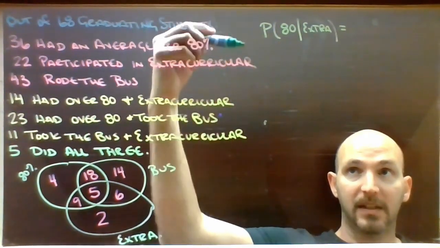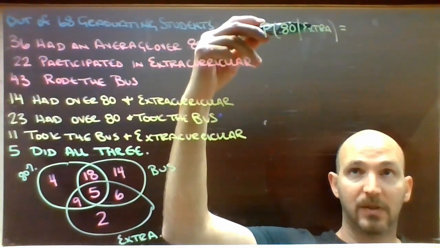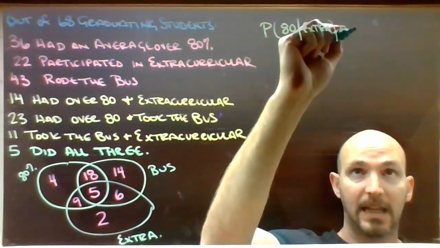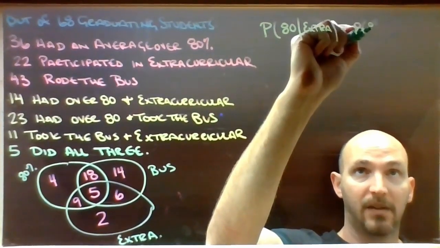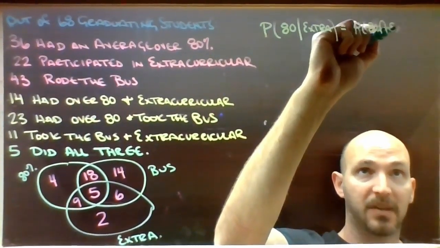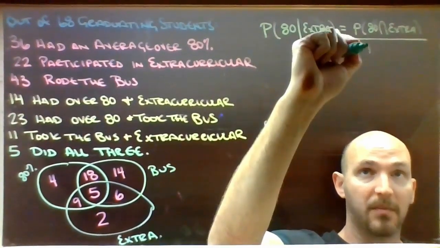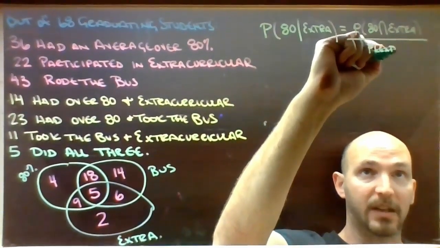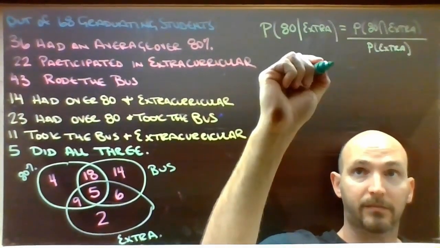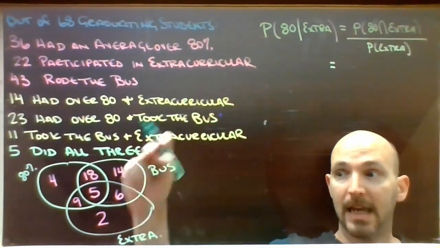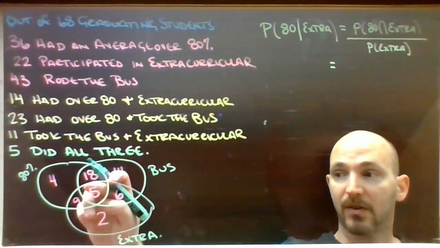So the probability of getting an 80 given that you did extracurricular activities needs the probability of getting an 80 and participating in extracurriculars, divided by the probability of being in extracurriculars. So being in 80 and extra is down here.